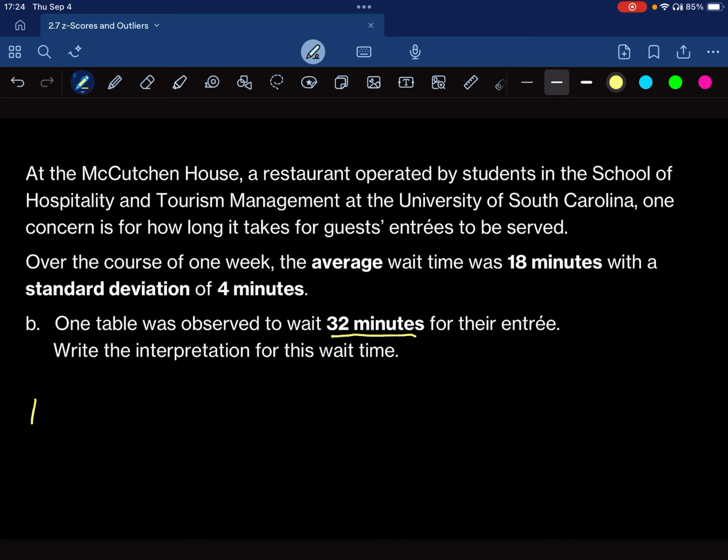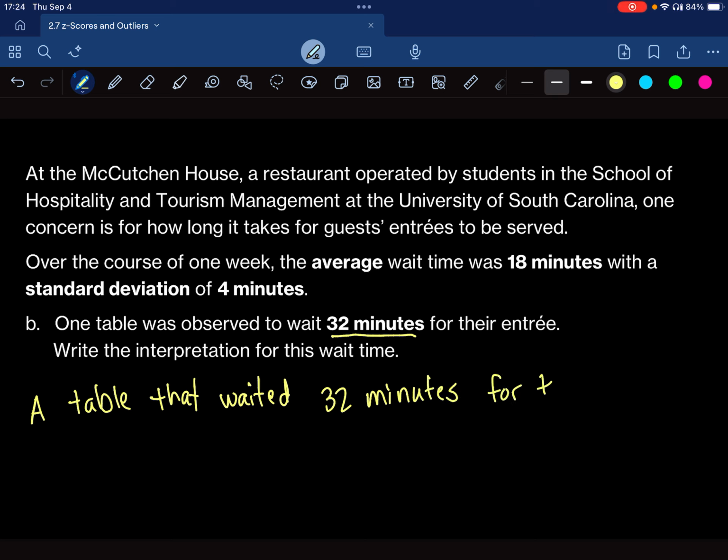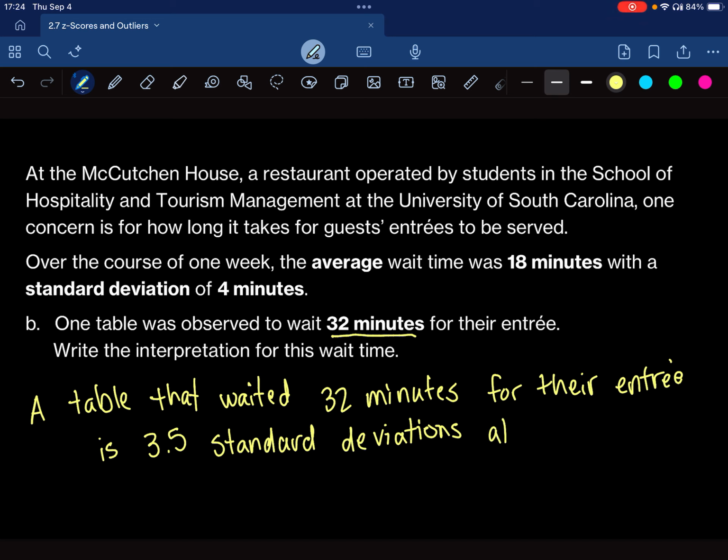So a table that waited 32 minutes for their entree, and again, that's our context, is 3.5 standard deviations above the mean. So there's a few things that I always look for in this particular interpretation.